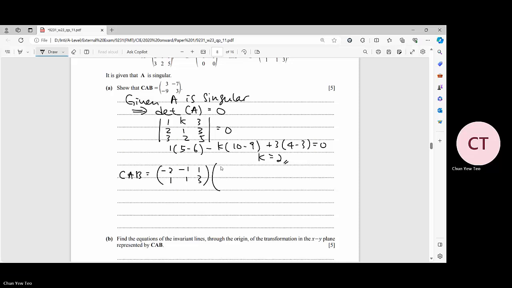A is 1, 2, 3, 2, 1, 2, 3, 3, 5. Then B is 0, negative 1, 0, negative 2, 3, 0. So just need to multiply these three. But we cannot multiply the three matrices at the same time. So you can choose either the first two, multiply first, and then multiply by the third one, or you can choose the last two, multiply first, and then multiply the first one later.